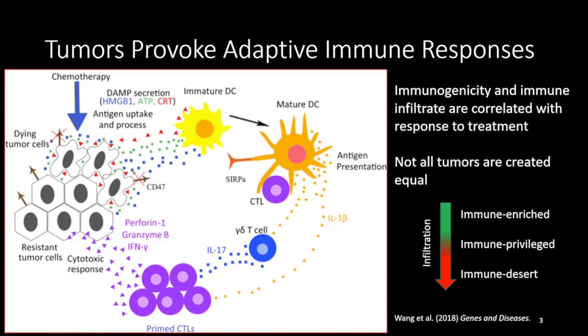Then you have your immune-privileged, which are your intermediate phenotype, where they're slightly less antigenic and they have slightly reduced or perhaps vastly reduced numbers of immune cell infiltrates. And then lastly, you have your immune deserts, which are very poorly antigenic, and really have almost no immune cell infiltration.